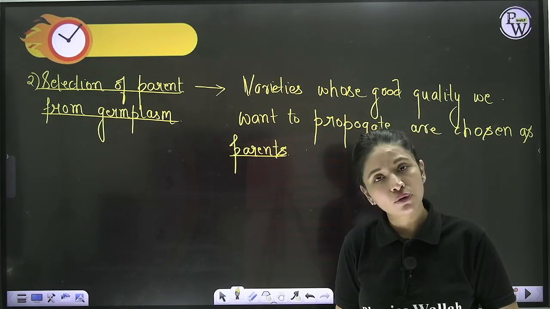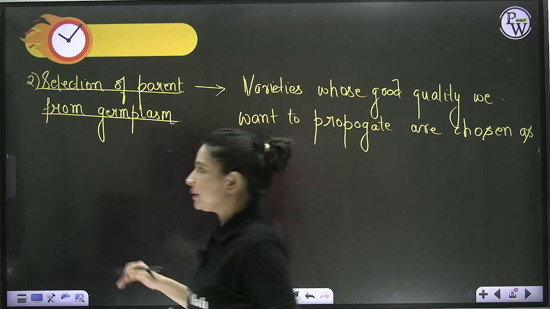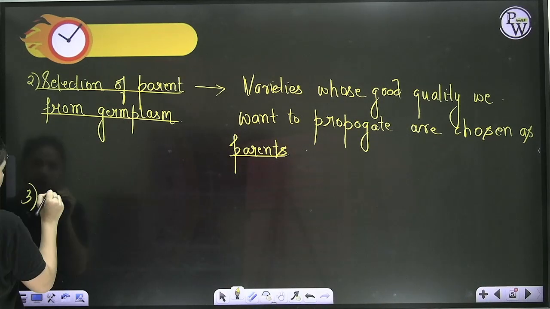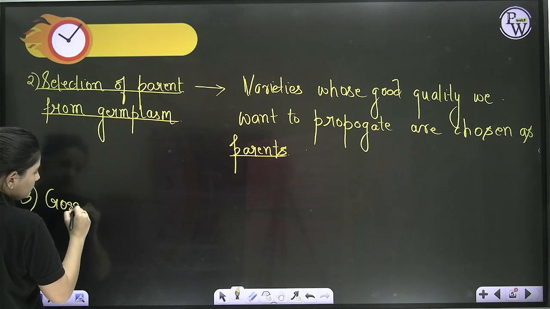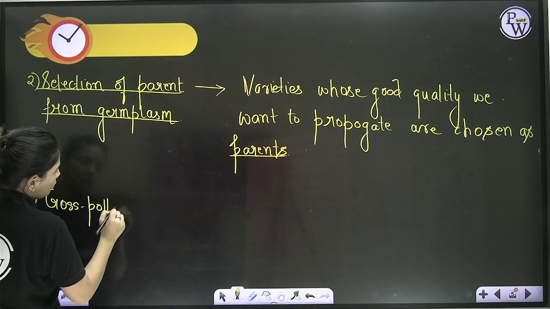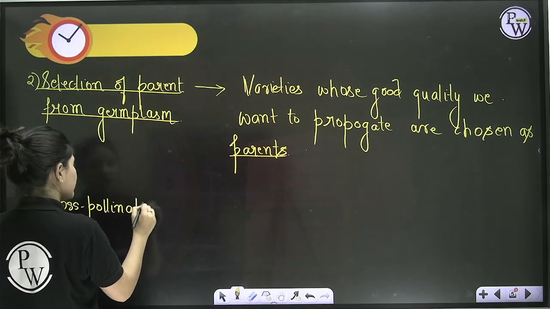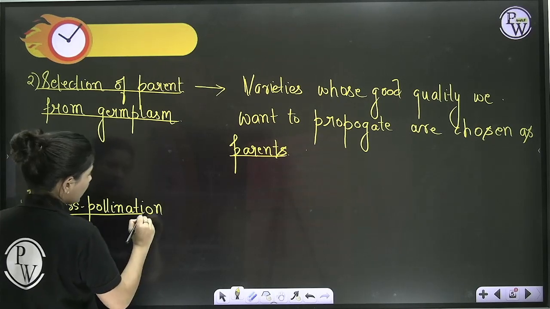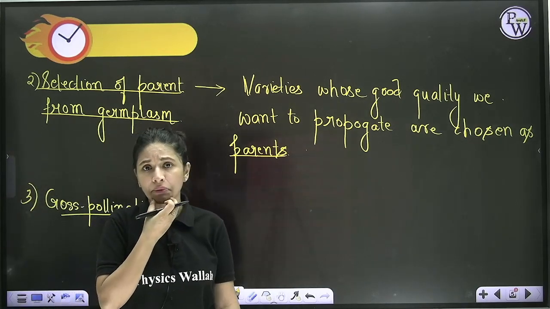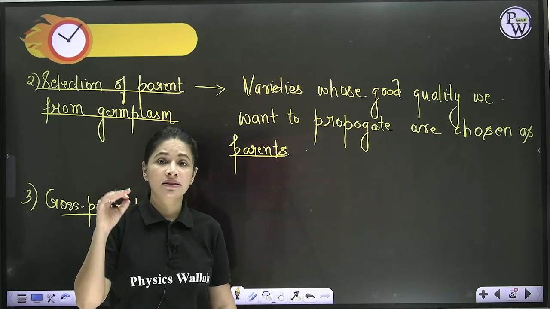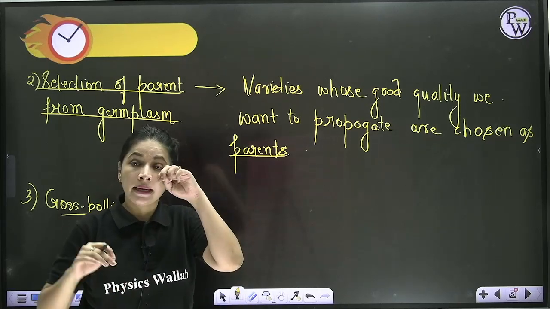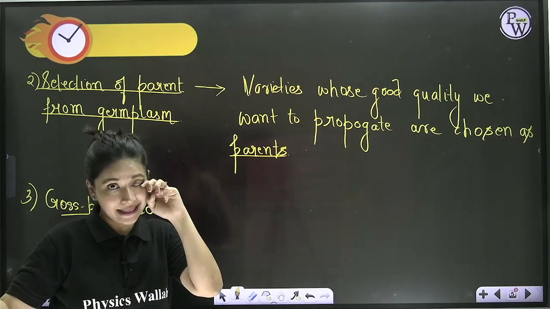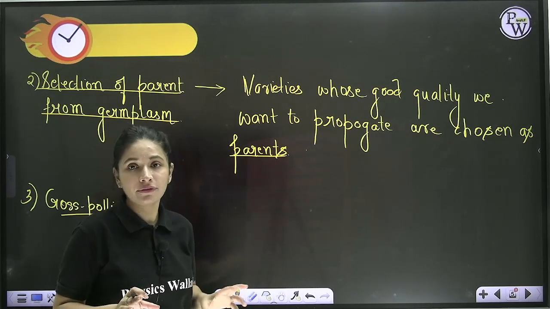Now once you have chosen the parent, third is cross pollination. So third step is performing cross pollination. Now remember, this is a tedious job. It takes a lot of time and a lot of precaution is required, so that always the right type of pollen grain lands on the right stigma and there should be no chances of contamination.